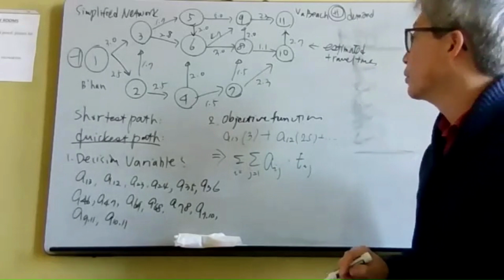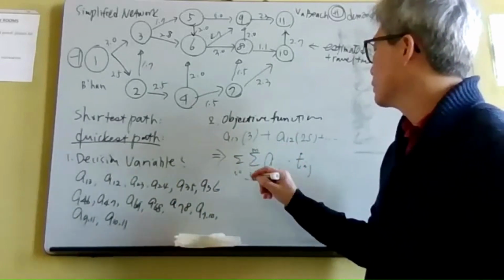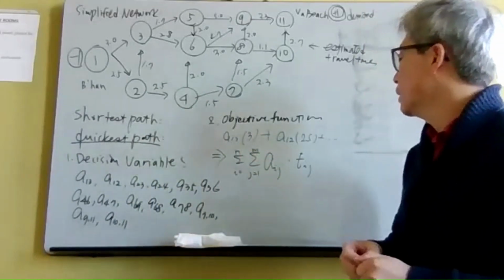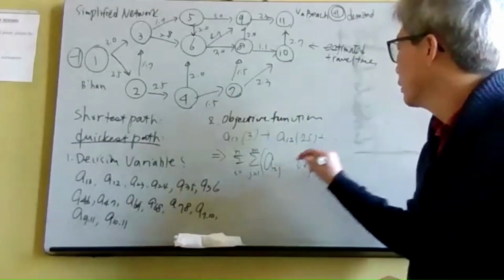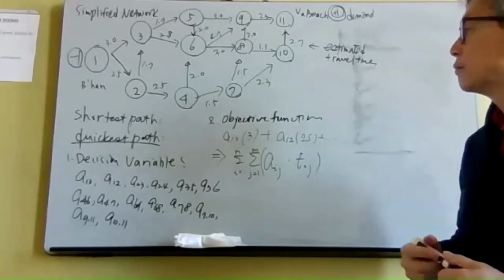You can make it simple. So if you have M number of J and N number of I, you can use M and N. So this is a simplified version of the objective function.